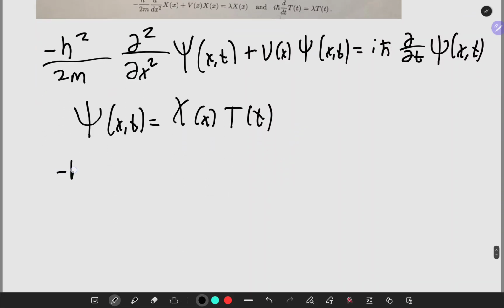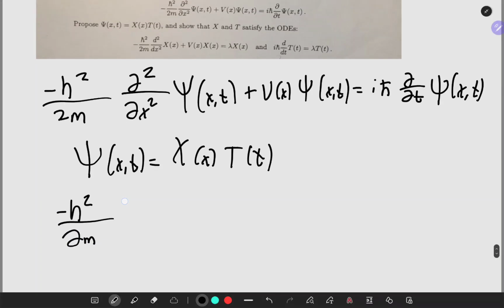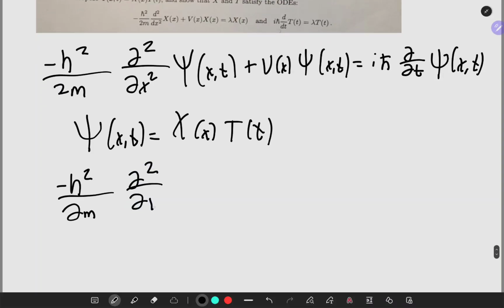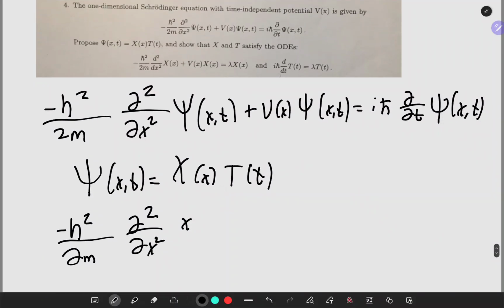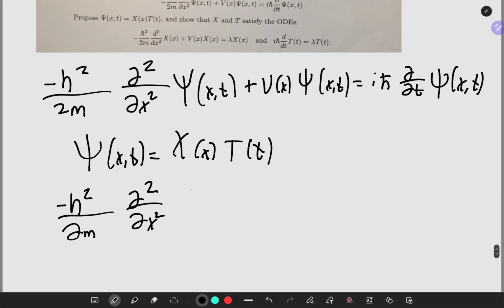So we have minus h squared over 2m times the second partial derivative with respect to x squared times X. Well, that'll be X double prime, right?